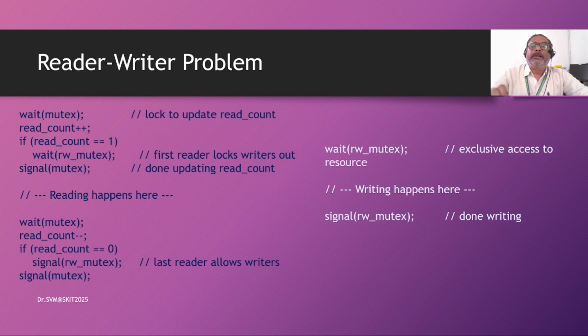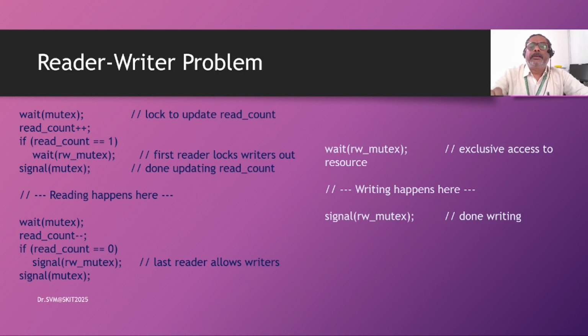So use the read-write mutex. If it is free, then lock it for the writing process, which means neither any process is allowed to read nor any other process is allowed to write. So no other process will now be allowed to use this shared resource, even for reading or for writing.